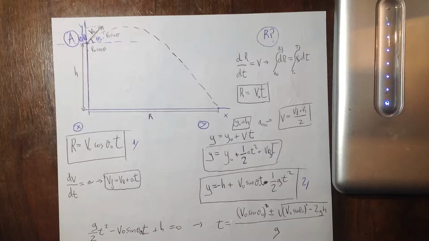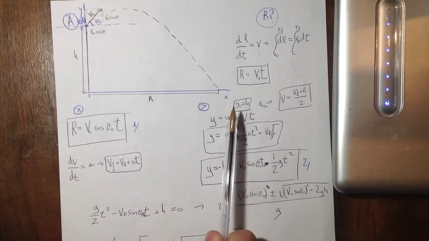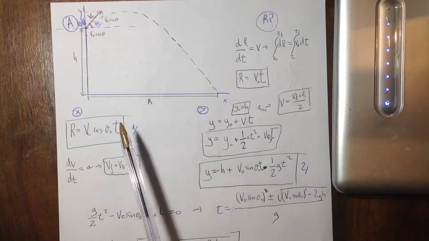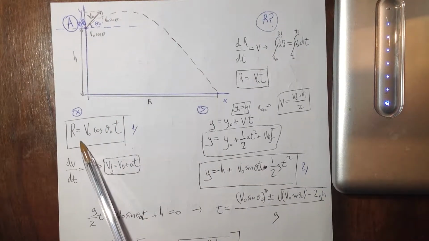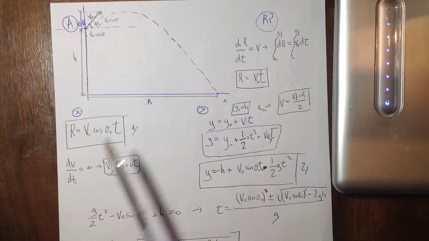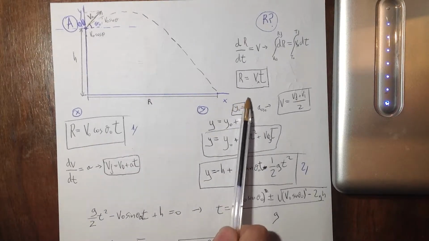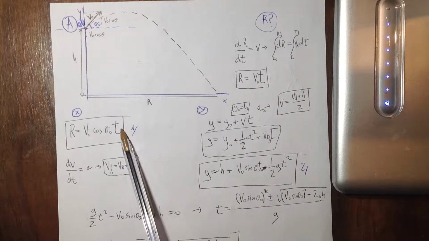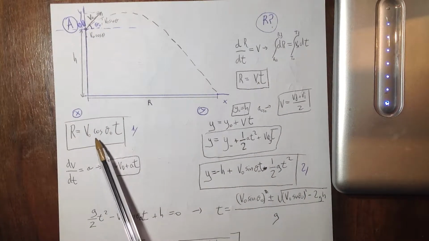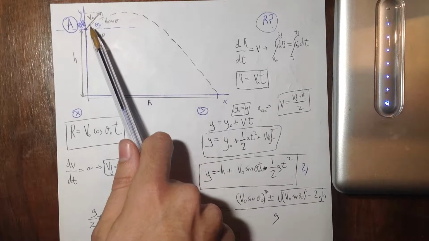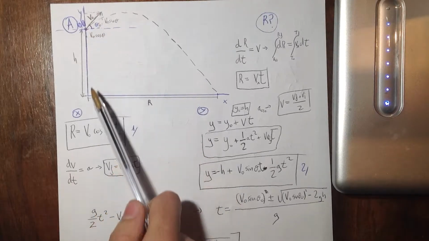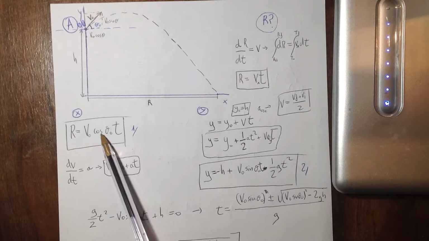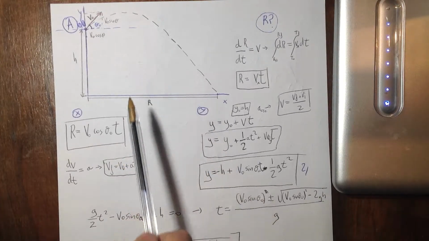Okay, so right here we are going to study the x and y axes. For the x-axis, the equation for distance as a function of time and initial velocity is the following. As we have this angle, by trigonometry it's clear that the velocity is the initial velocity times the cosine of the initial angle.